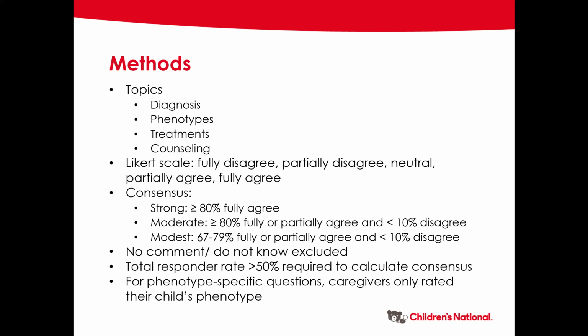Strong was if at least 80% fully agreed, moderate if 80% fully or partially agreed, and less than 10% disagreed, and then modest if 67 to 79% fully or partially agreed, and less than 10% disagreed. Those that had no comment or didn't know were excluded, and only those with a responder rate more than 50% were used to calculate consensus. Again, for phenotype-specific questions, caregivers only rated their own child's phenotype.